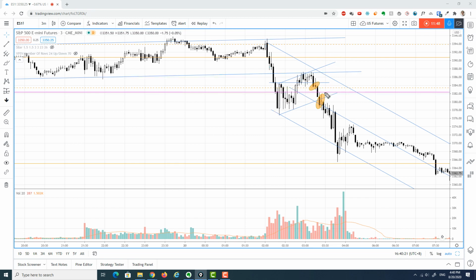So if we just use this as a structure, the small structure here, this bar actually fell and just back inside this trading range here. So I think this could be one of the short entry after the close of this bar. Otherwise, the next bar is fine as well.